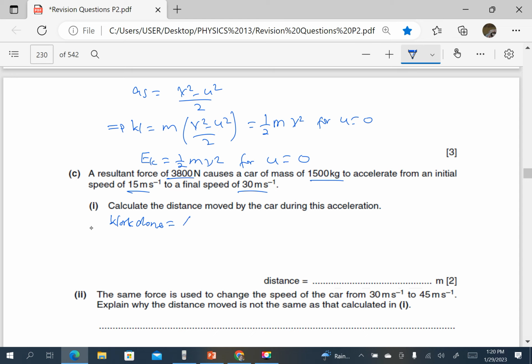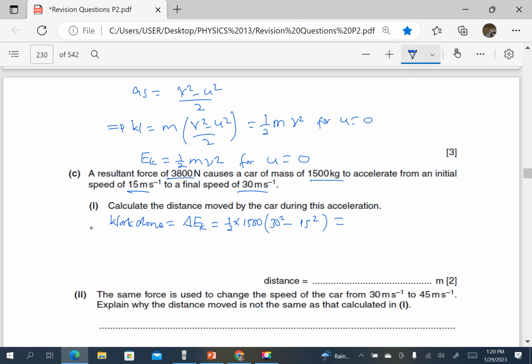Work done can be obtained from the change in kinetic energy, which is a half. Of course, the kinetic energy formula is above, so a half times 1,500. Final speed is 30 squared, initial speed is 15, and I will square it because it is a half m v squared.